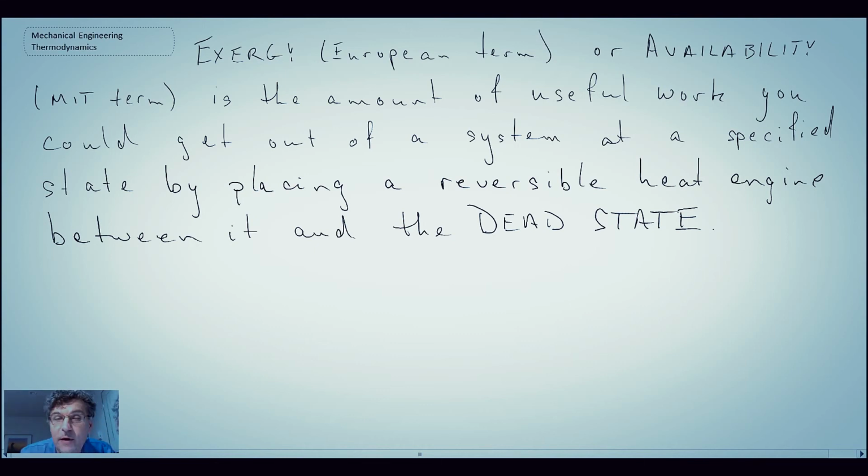And we could then compare it to the actual work that we do get out of the system, and the actual or useful work coming out will always be less than the reversible work. But it shows us if we could improve our system, and usually we can improve it, and it will identify ways that we could improve our system. And that will come out as we do exergy analysis.